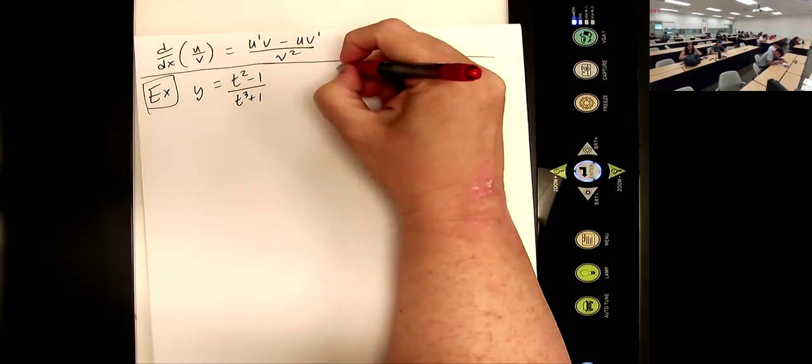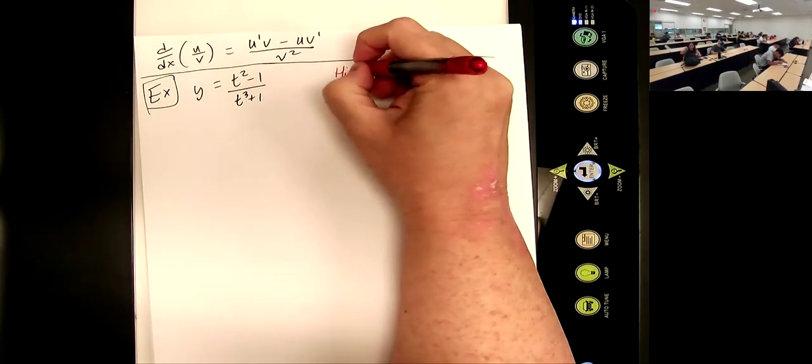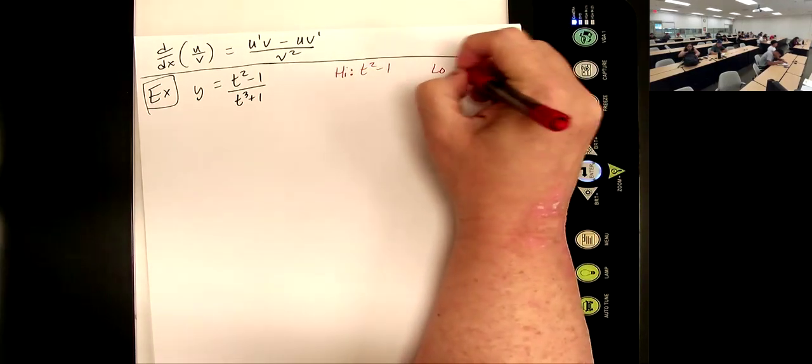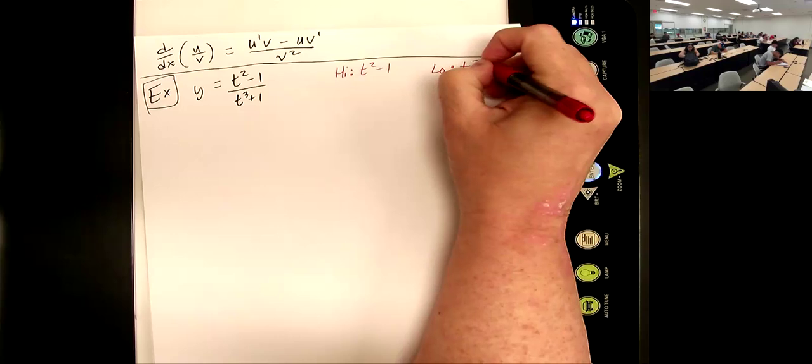So my high term here is t squared minus 1. And my low term here is t cubed plus 1.